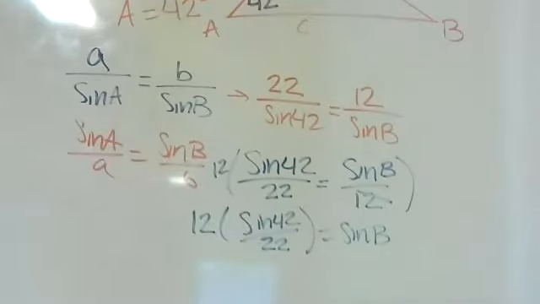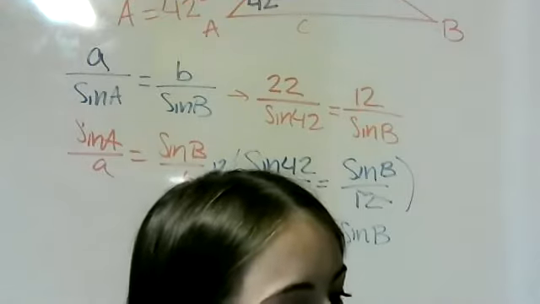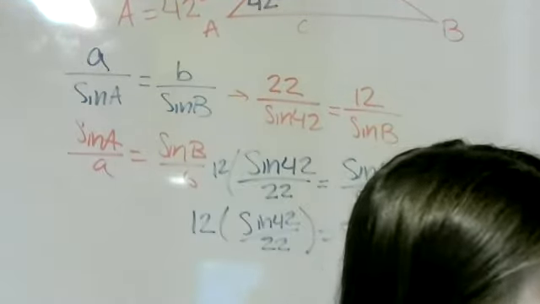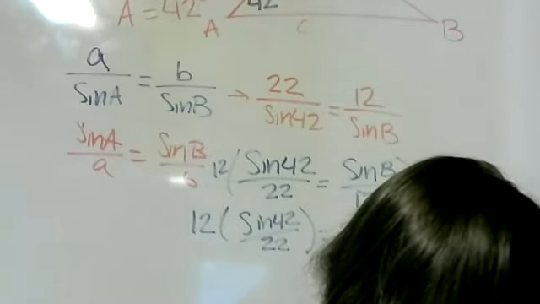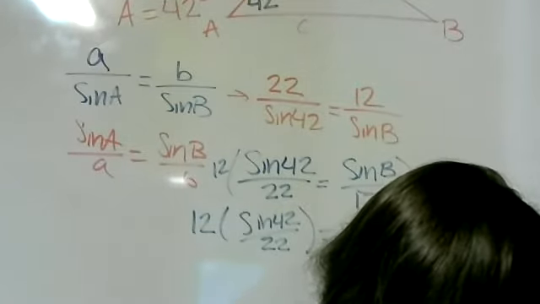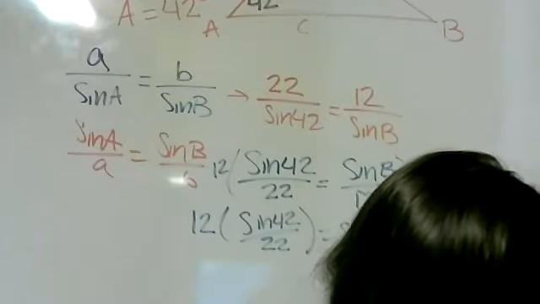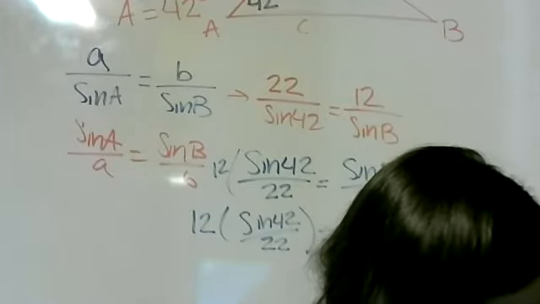So let's see. Go ahead and put this part into our calculator. So 12 times, with that parenthesis, sine of 42 divided by 22. So what I am getting for that, sorry, my own calculator wasn't free.